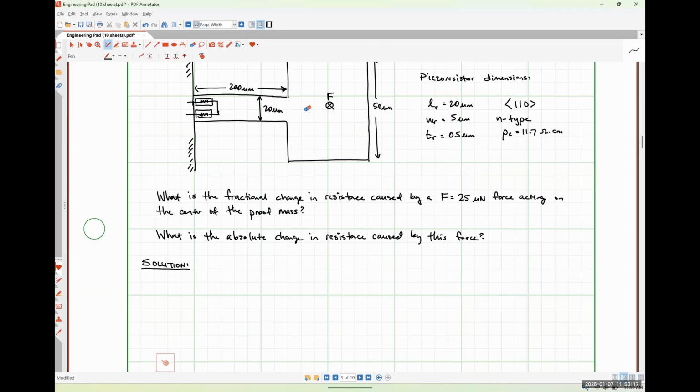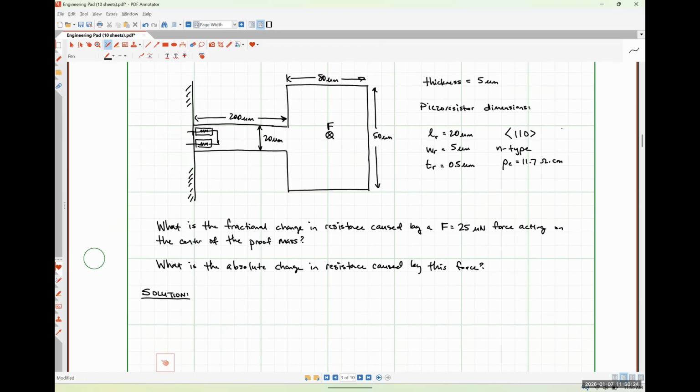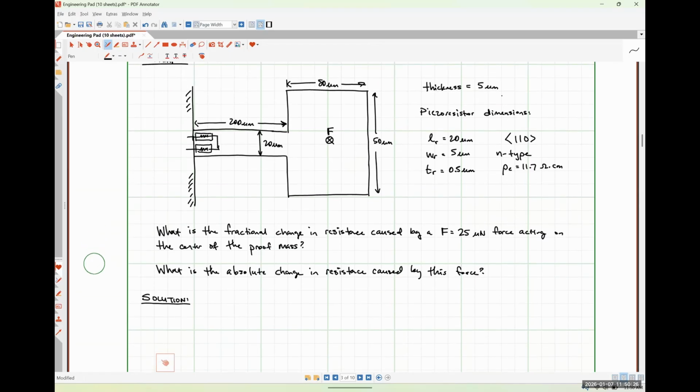For what it's worth, there's also a reason why the thickness of the piezo resistor here is 0.5 microns, where the thickness of the beam itself is 5 microns. If we made our piezo resistor incredibly thick, it's not going to deform easily.